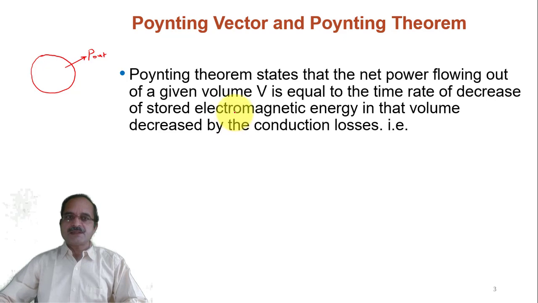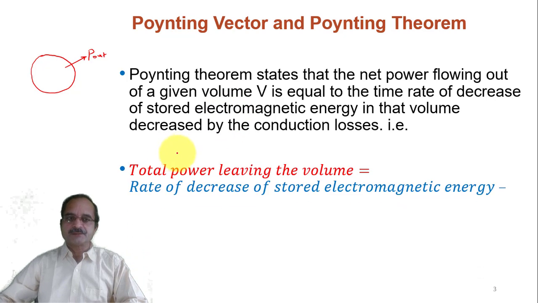Now let us represent this statement in the form of an equation. So what this means is that the net power flowing out of a given volume, that I write on the left hand side. So it is total power leaving the volume equal to the time rate of decrease of stored electromagnetic energy.